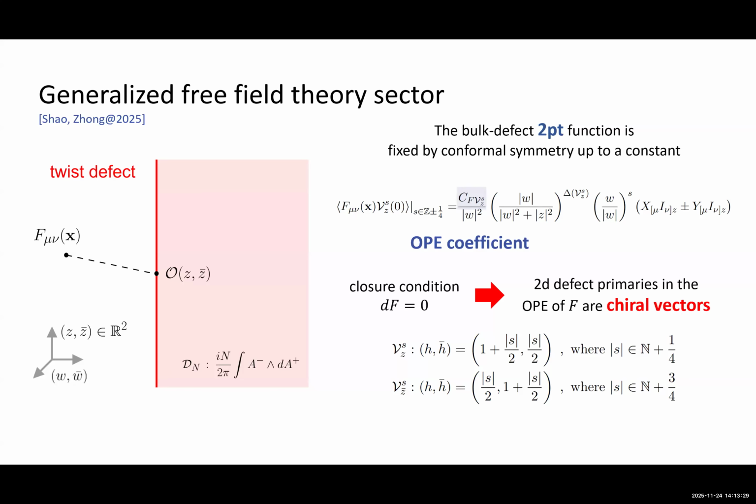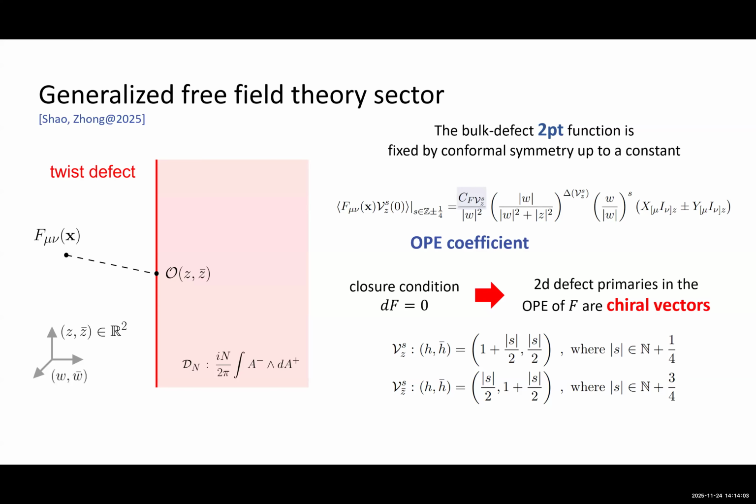So they can either be a vector with parallel spin L equal to 1 and the defect dimension 1 plus the absolute value of S, or, as I showed here, with the defect spin S equal to -1, and with the spin taking other values. So the takeaway is that the only possible defect primaries that can sustain a non-zero two-point function with a bulk field strength have to be this set of chiral vectors.